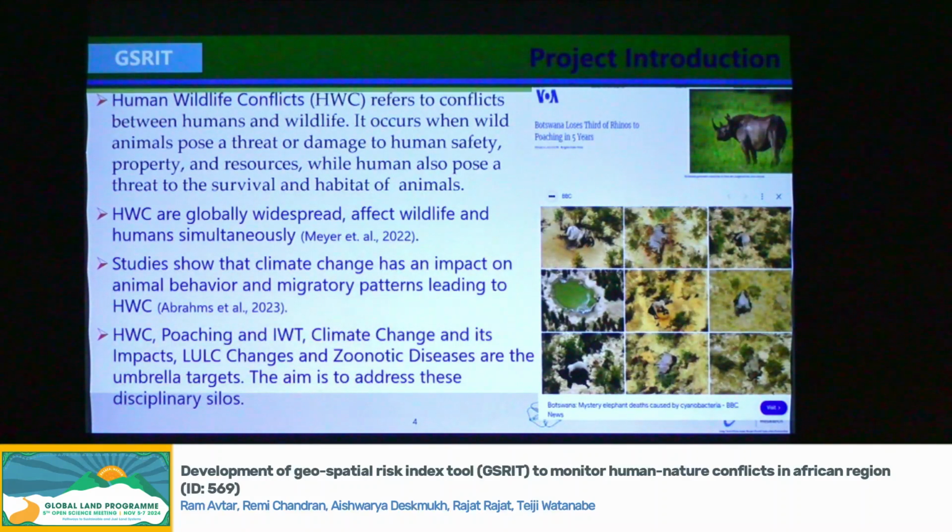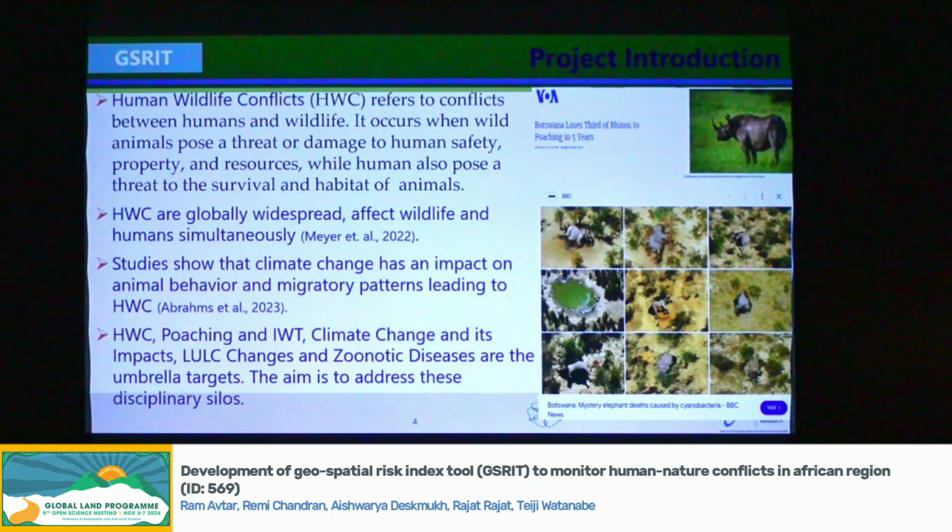Human-wildlife conflict is globally widespread and affects wildlife and humans simultaneously. Studies show that climate change has an impact on animal behavior and migratory patterns, leading to human-wildlife conflicts. In the Okavango Delta, we have noticed that with the change in rainfall pattern and land surface temperature, the migratory pattern of wild animals changes, and they raid agricultural crops.